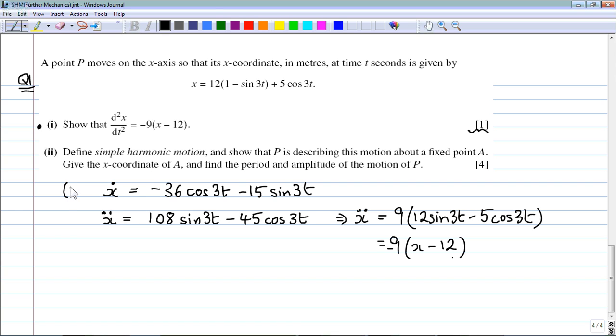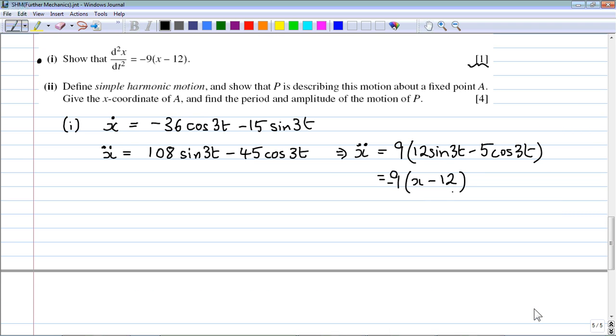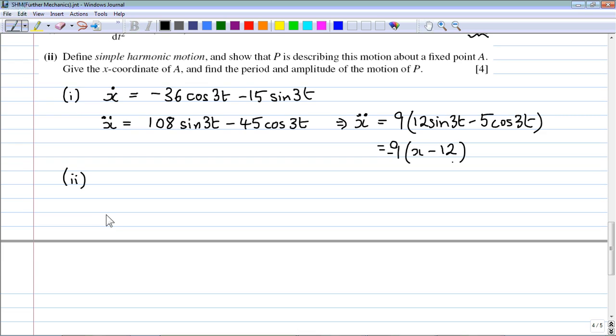But part 2 is where students had a lot of trouble in various different ways. First of all, define simple harmonic motion. This is not usually asked on the exam, but if it is, they're just going to give you 1 or 2 points to give a simple definition.